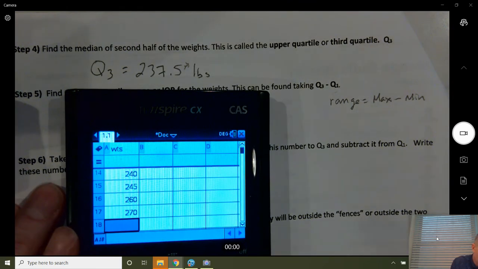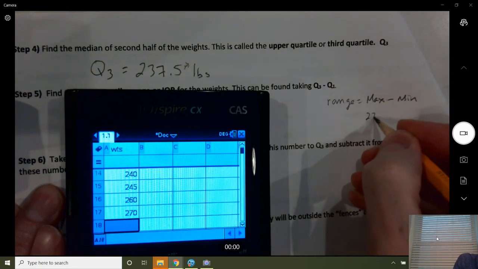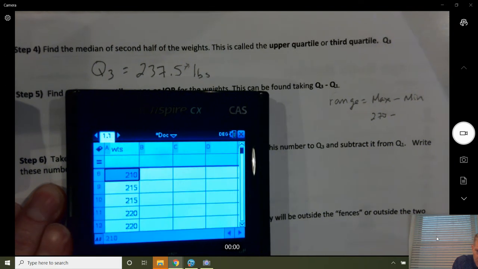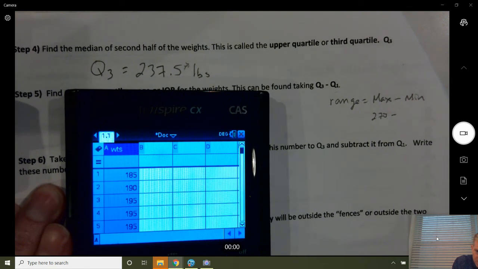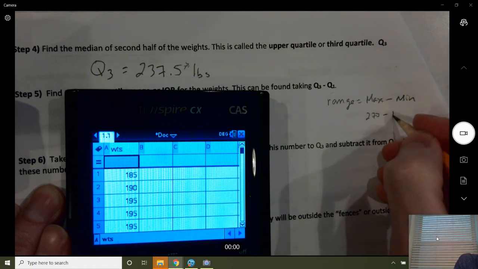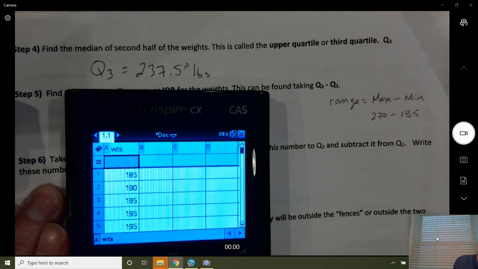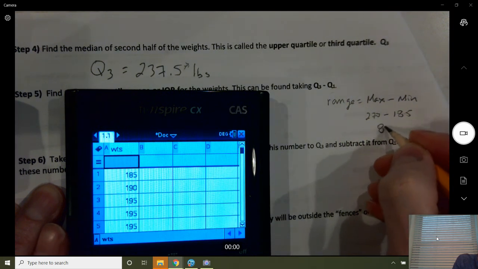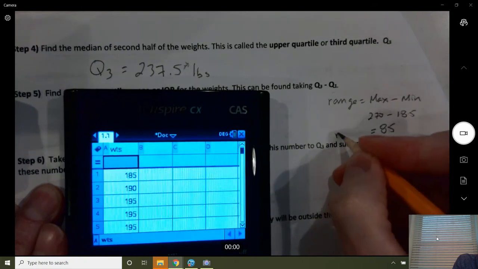What was the max again? 270. That was the heaviest player. And then the minimum was 185. So 270 minus 185. I think that's 85 pounds, right? That's your range.